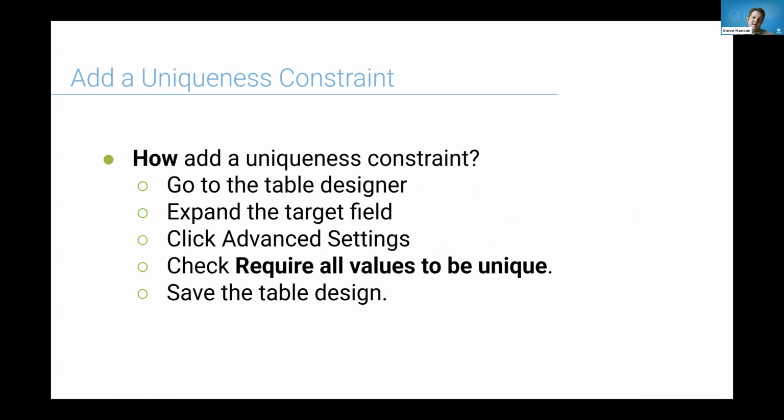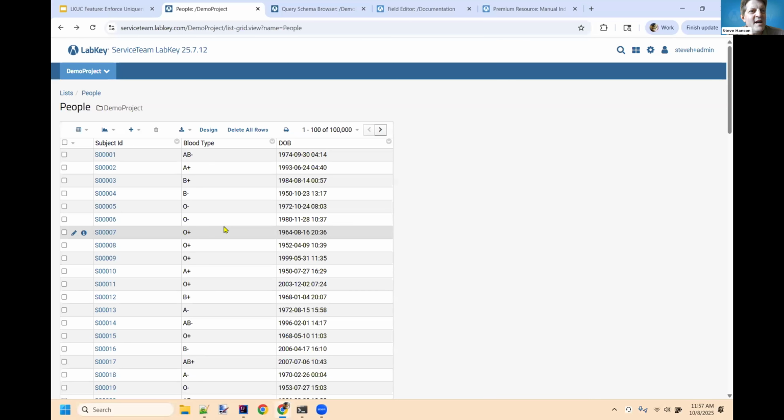So how do you do this? Well, I've written out how to do this here, but I'll just demo it to you. Basically, you just go into your table designer, go to your target field, and I'll show you how to get in there. I've got right here a table that I've uploaded, and it's got this subject ID field, and I really want to make this unique.